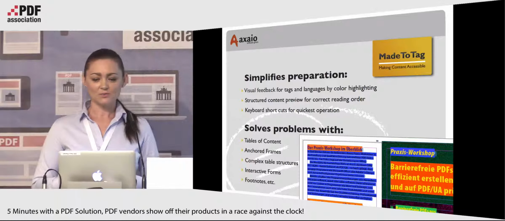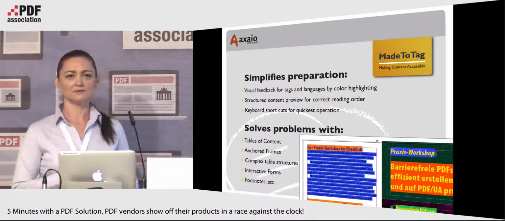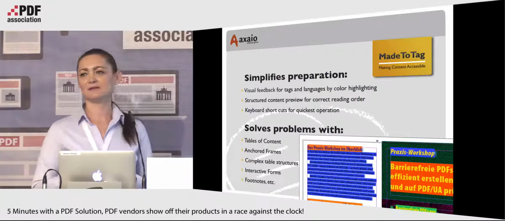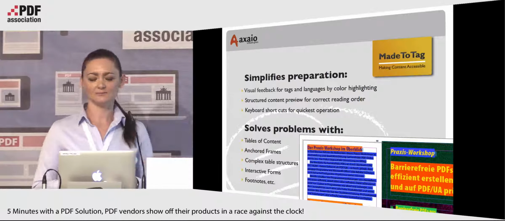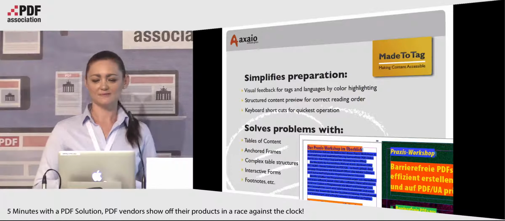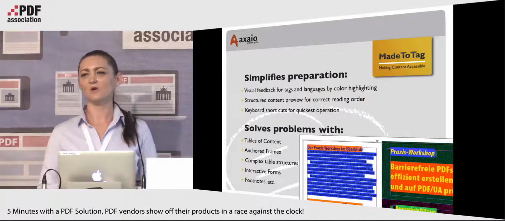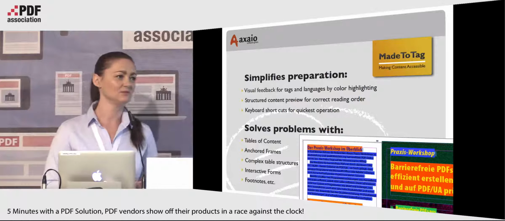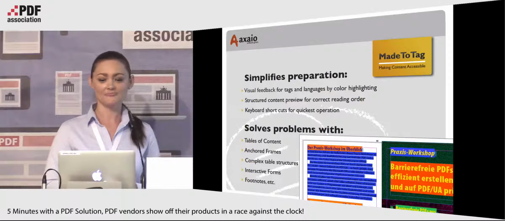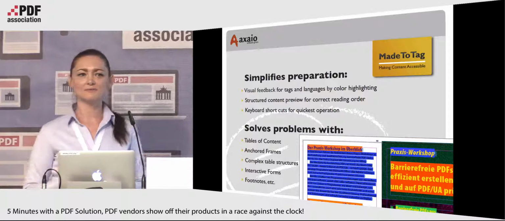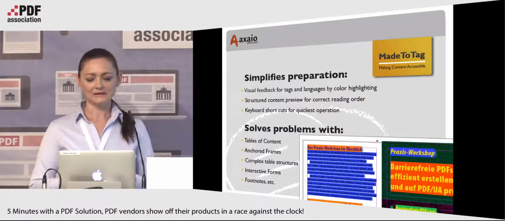And as said, we are also solving different problems occurring in InDesign or for the InDesign user. Problems with, for example, tables of contents, which are not set up in the right way. Problems with anchored frames, which are often used in InDesign.